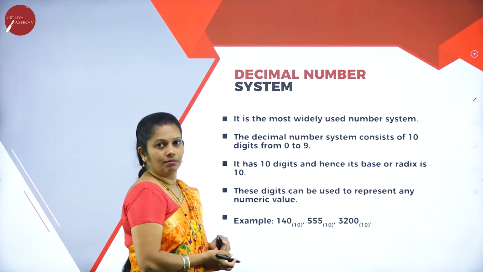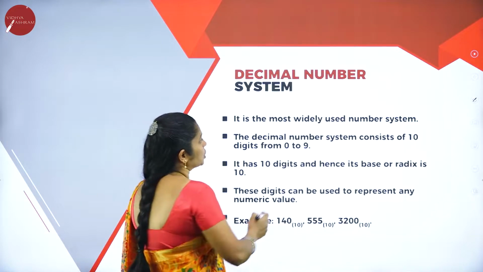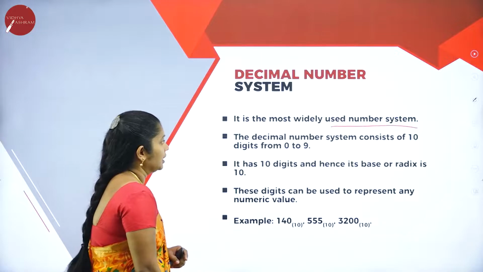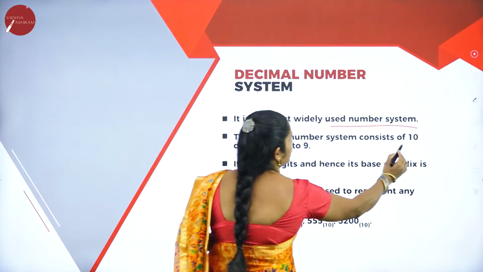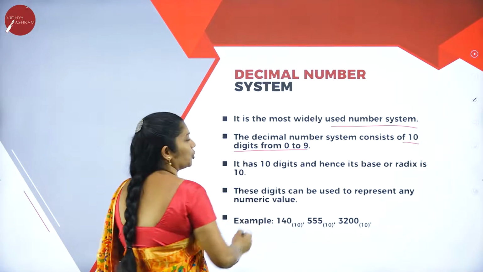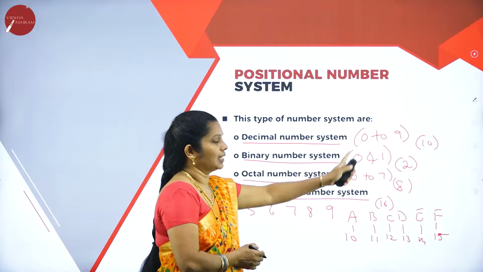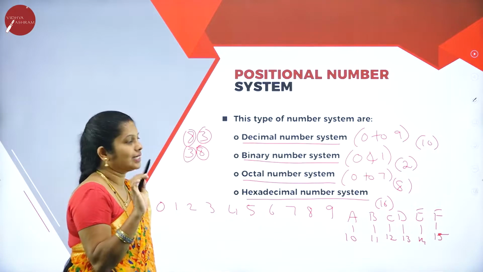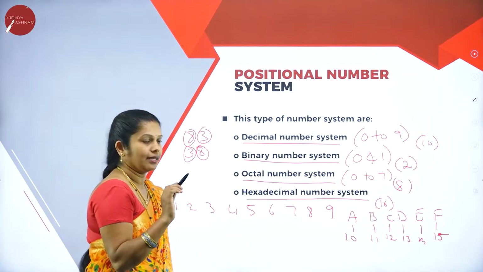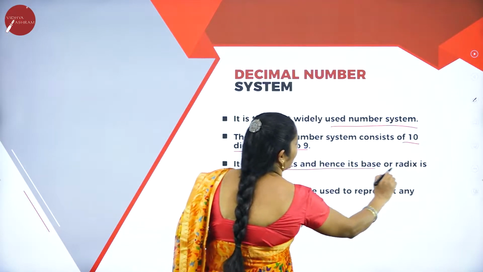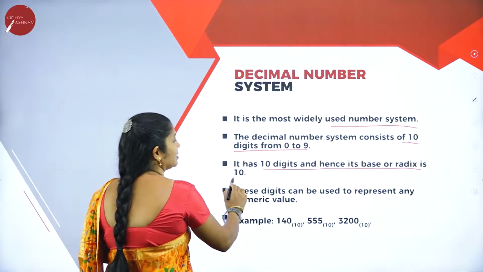Next, the decimal number system. It is the most widely used number system. As I already told you, the decimal number system consists of 10 digits, from 0 to 9. Since it has 10 digits, its base or radix is 10.